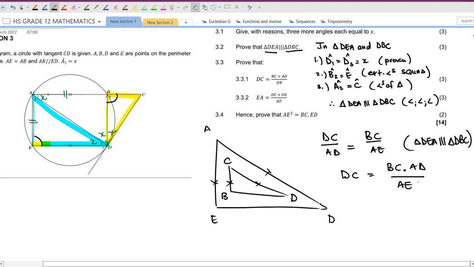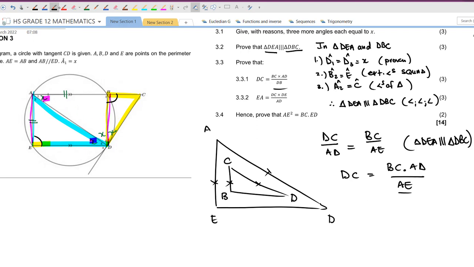Okay, but I don't need that. I want AE to be replaced by DB. So we need to find a reason why AE and DB are the same. Well, look at the angles that they support. They both support angles x.